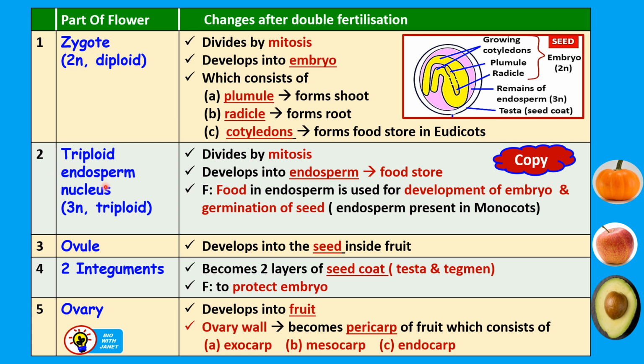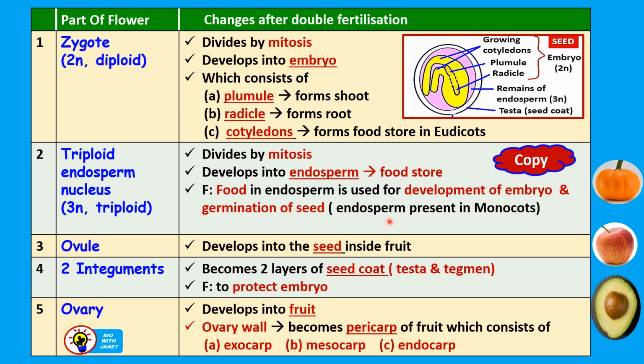Now, the triploid endosperm nucleus, 3N, develops by dividing by mitosis, and it develops into the endosperm tissue, which is the food store that contains carbohydrates, proteins, and lipids. So the function of the endosperm is that the food in the endosperm is used for the development of the embryo and the germination of the seed, right?